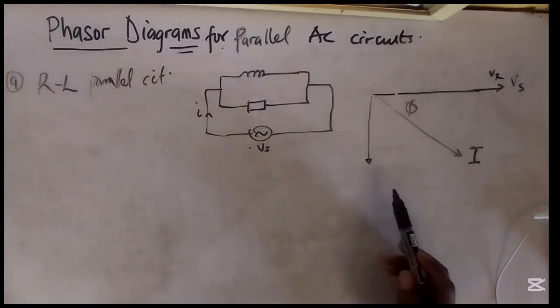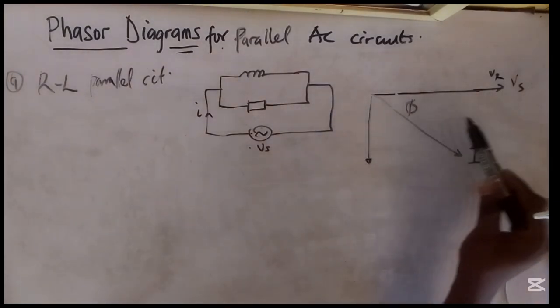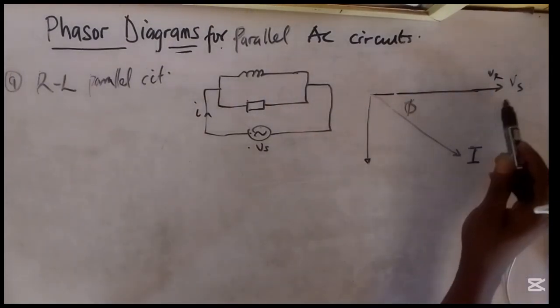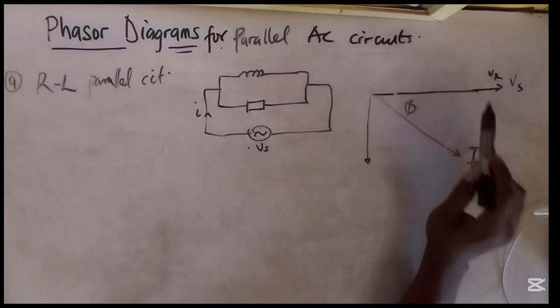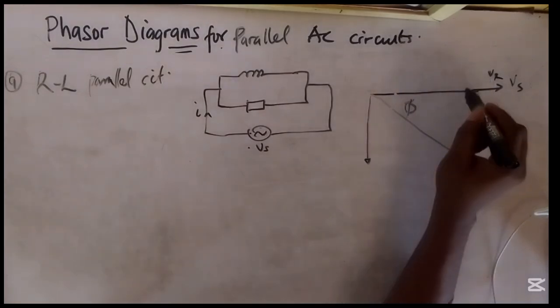But for parallel arrangement, it is the voltage that is constant and current is varying. So the current is moving following the voltage. So voltage is still leading current in this case, but at a particular angle.